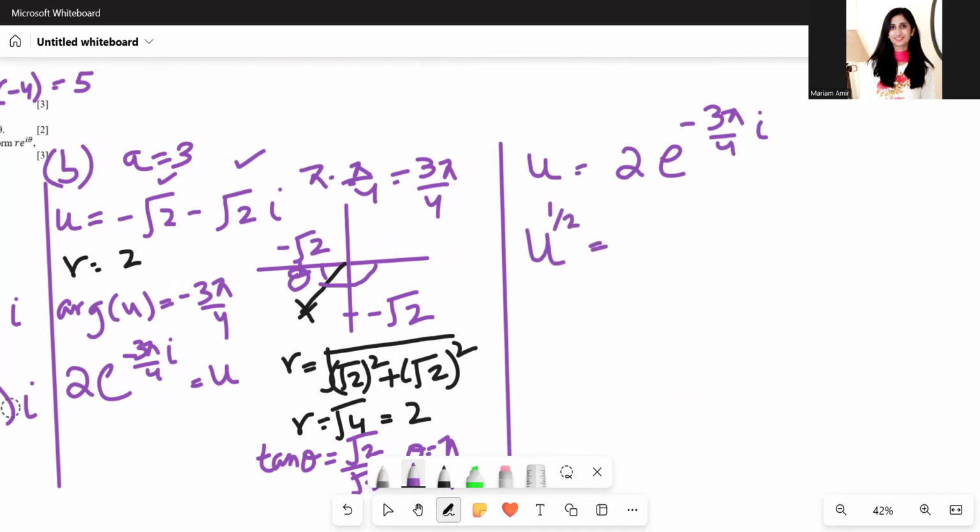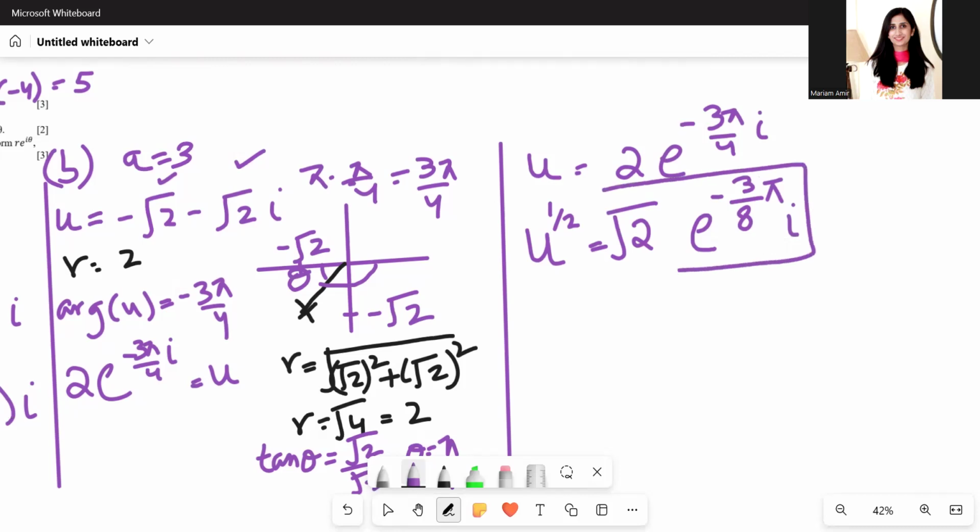That means we take the square root of r or take power half on the r. So square root of 2 or 2 power half. And you multiply this half with the theta. So minus 3 by 8 pi iota. This is the first root. And they want the root in polar form r e^(i theta). So this is the first square root.